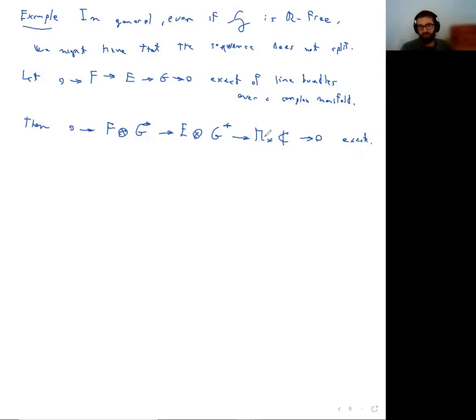And now the claim is that, of course, this is as free as it can be, just the trivial bundle. So if the last one splits, and when I say splits now, I mean globally, so does the original one.